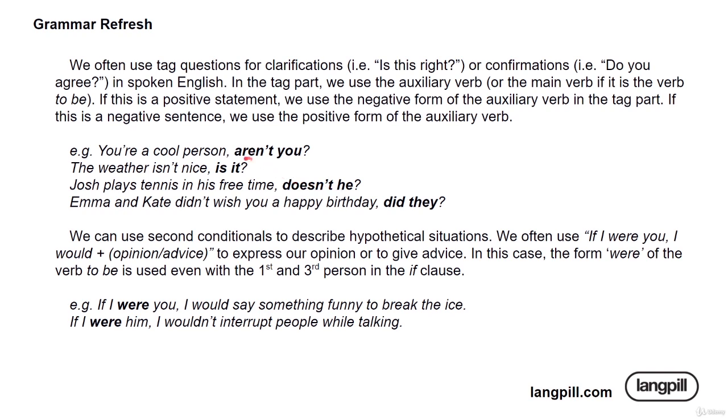And if you're wondering why here we are using to be, is and are, but here we use does, it's because it's based off of our sentence. You are a cool person, or he is a cool person, we use the verb to be, so our tag question uses to be. To play tennis is an action, something you do. So doesn't he?